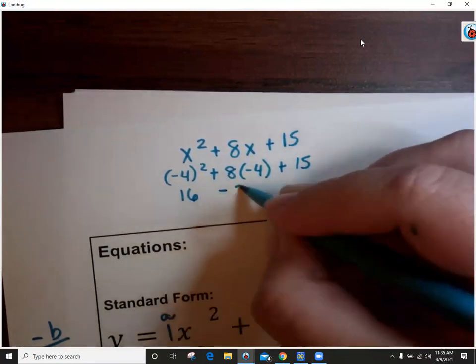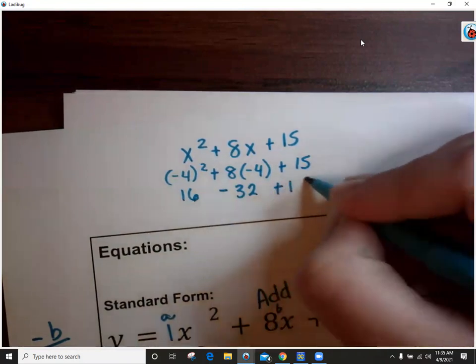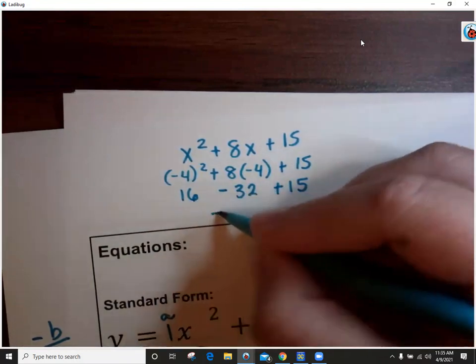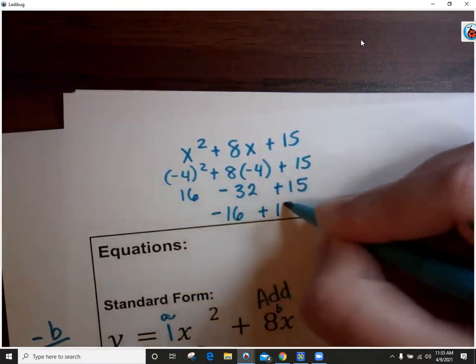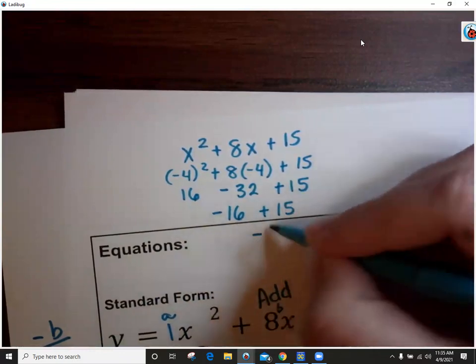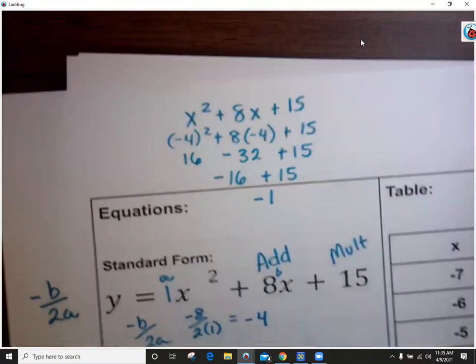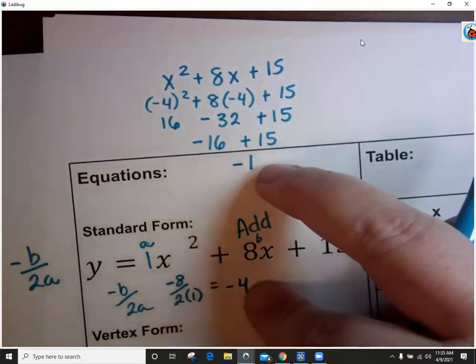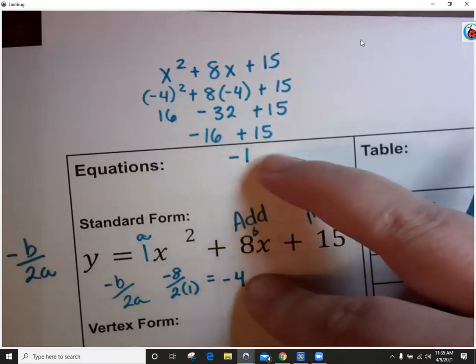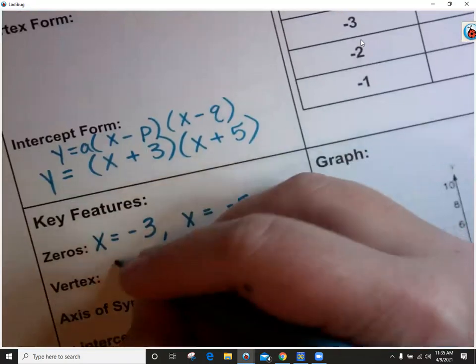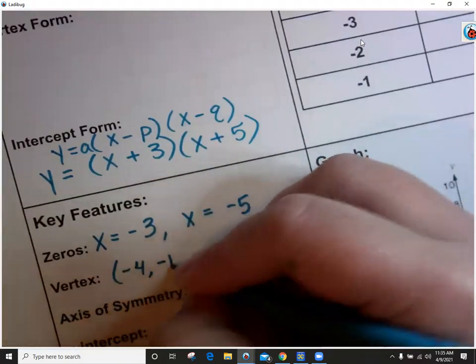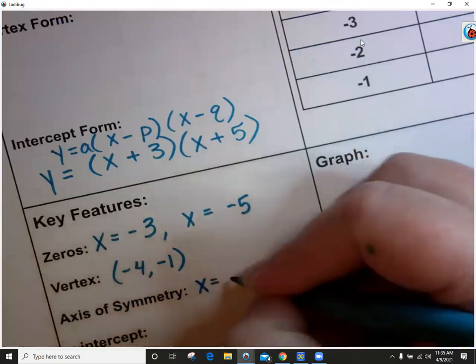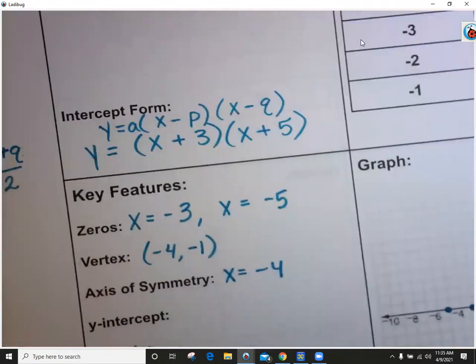This would be -32. When you combine those, you would get -16. And then when you combine those, you would get -1. So your vertex is -4, -1. The vertex is -4, -1, and the axis of symmetry is x equals -4.